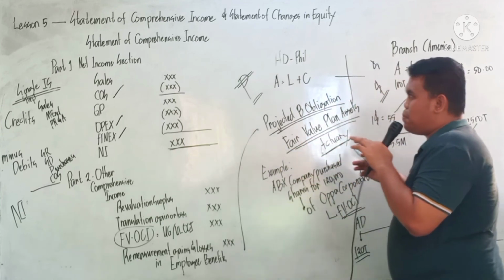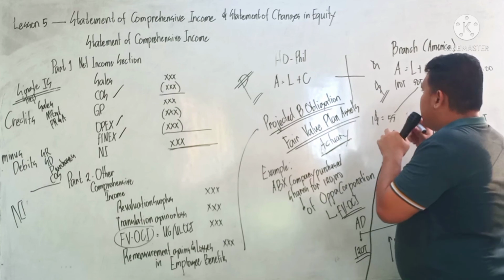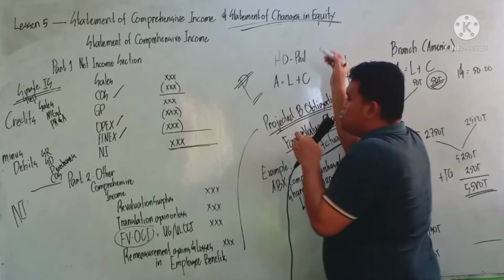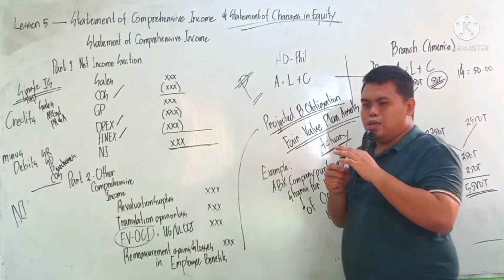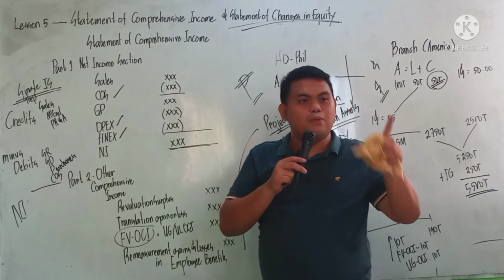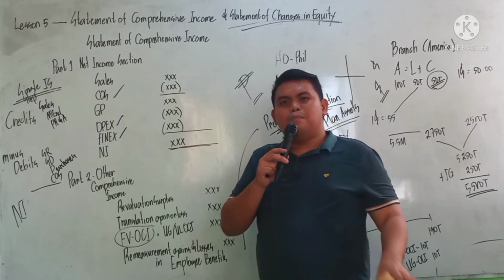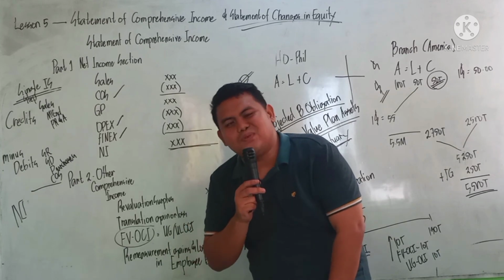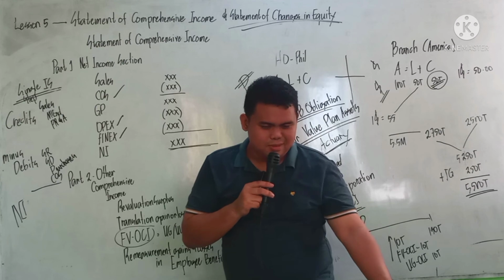So let's go to the last part of this lesson, number 5. The last part is the statement of changes in equity. The account titles there were already discussed in the previous part, the last one being shareholders' equity. But for you viewers, it will be contained in another video on corporation, the shareholders' equity.